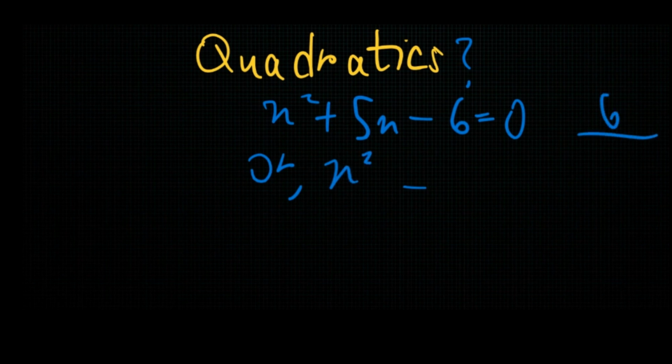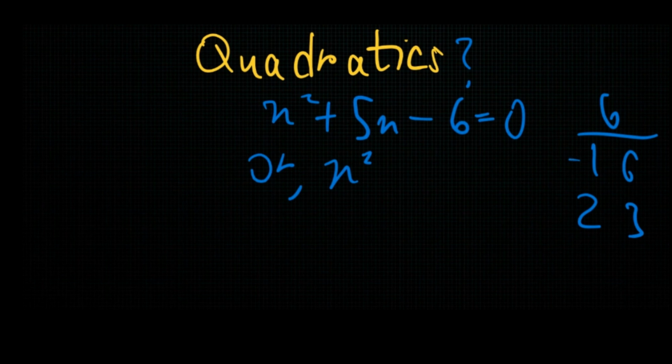x squared. Let's get the factors of 6 first, which are 1, 6, 2, 3. Now we could use 1, 6 to get 5 over here, or by using 2, 3, but I want to use the 1, 6. You could also use 2, 3. So here, how can I get positive 5?